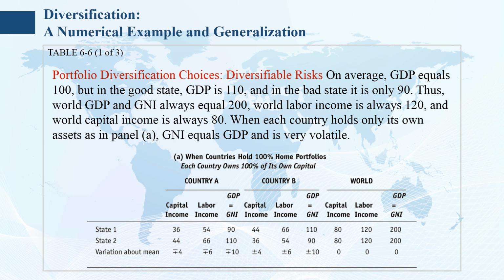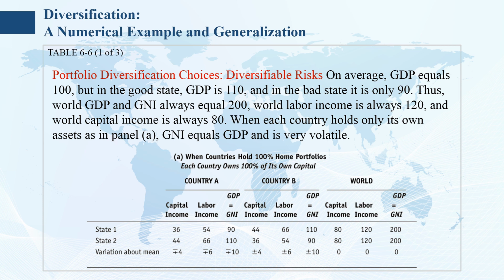Using our national accounting definitions, we know that in each closed economy, consumption C, income GNI, and output GDP are equal. In both A and B, all of these quantities are volatile.